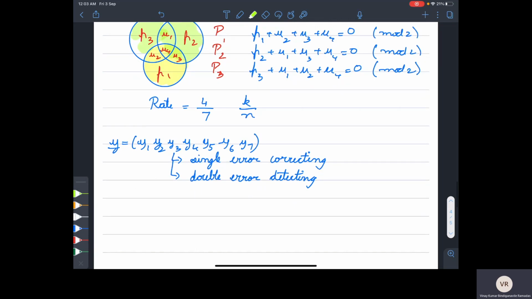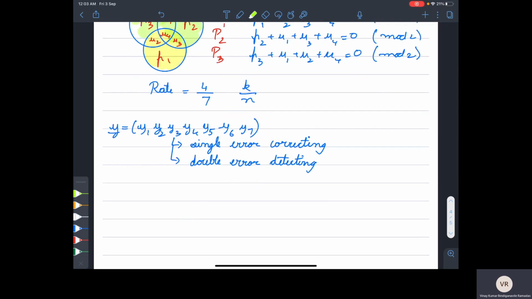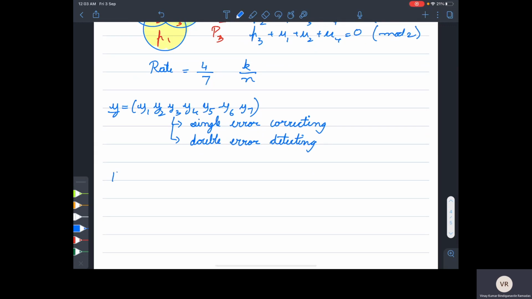More generally, this can be written in the following form. What are the code words in this particular scenario? You can define the following matrix, the parity check matrix.